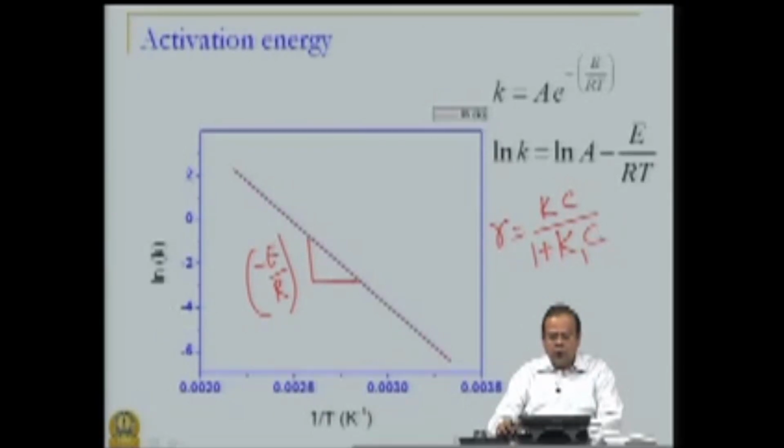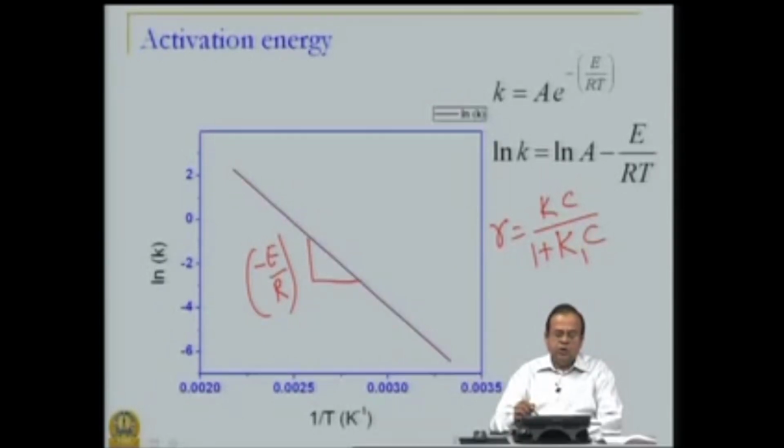For example, if you have a rate expression which looks something like this, K some kinetic rate constant times concentration divided by 1 plus some equilibrium constant K1 into C. We will see where this equilibrium constant is coming from, and this is where I said there is a possibility that equilibrium constants also appear. This actually appears for a lot of gas solid catalytic reactions.